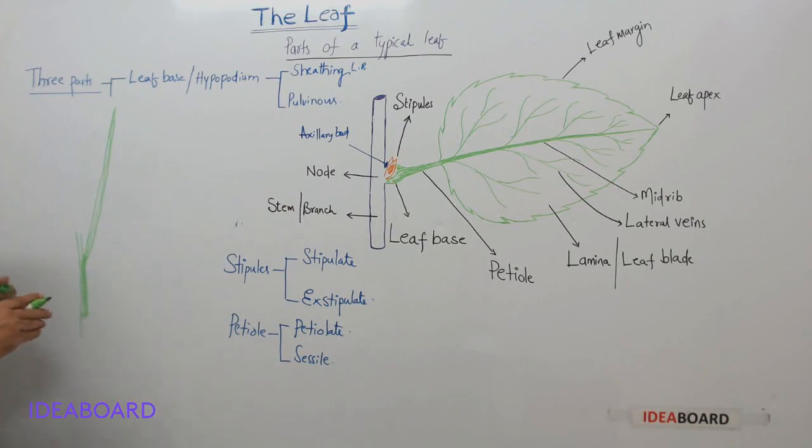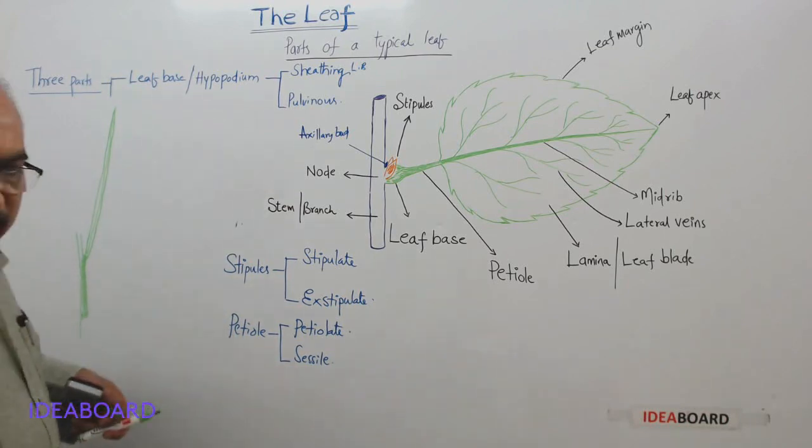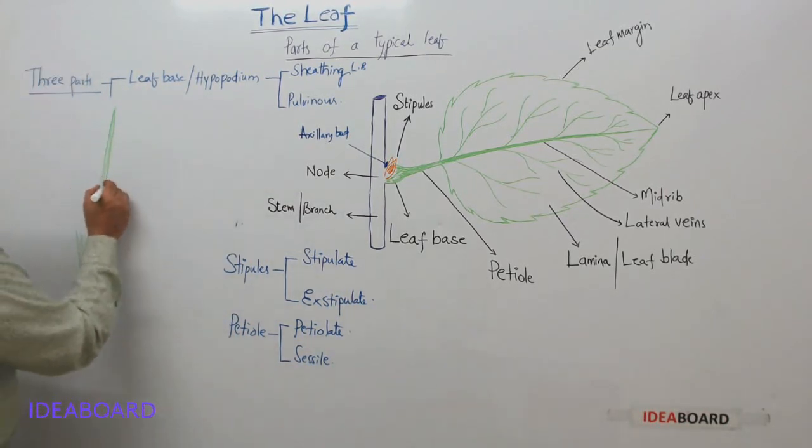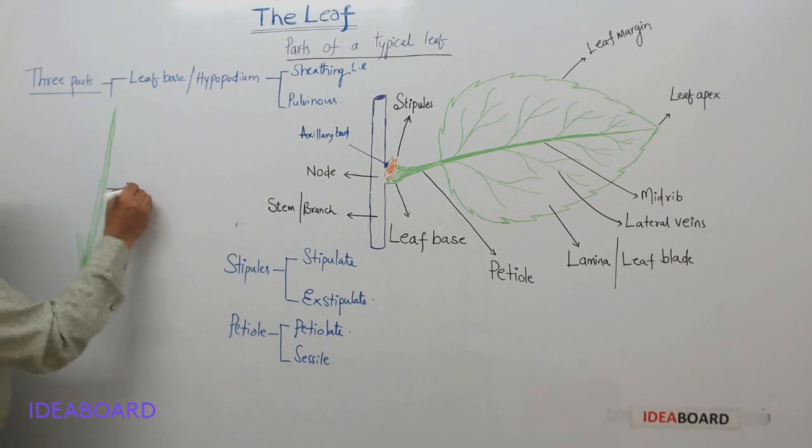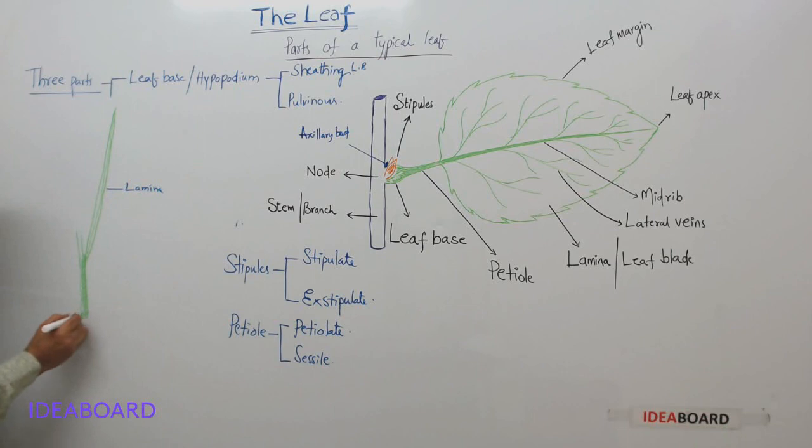So now I would like to tell you this portion is the lamina, and this is the leaf base. And actually, not only from here to here, the whole thing from here to here is the leaf base.